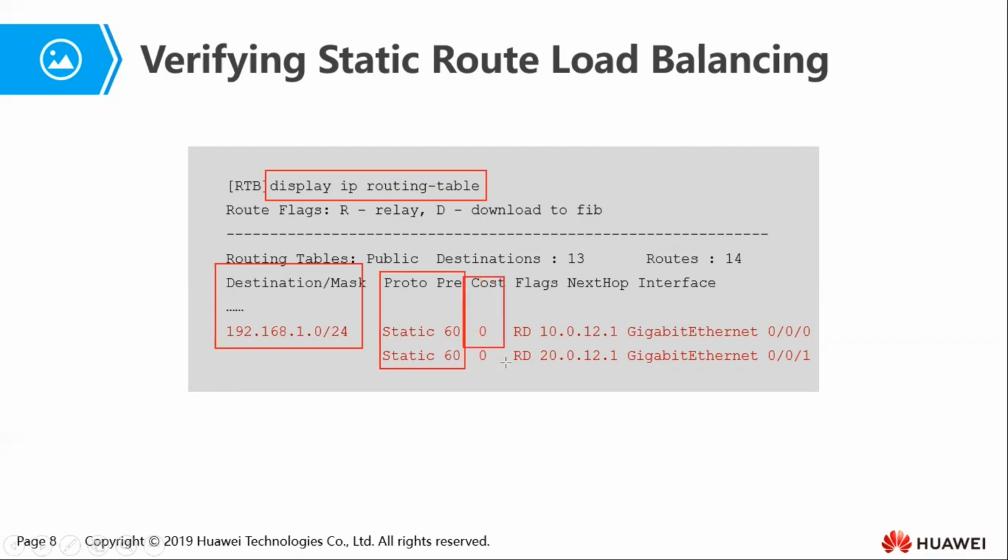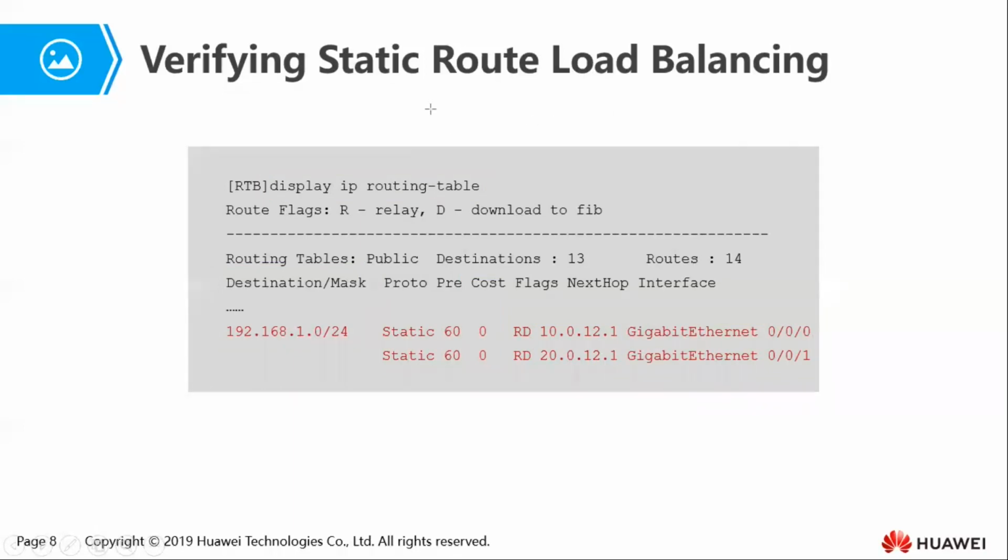The cost is 0 because it's a directly connected network. And we can now see that both next hops have been added, and the outgoing interfaces are also different. So we can go through this next hop or through this next hop. So I hope that is clear.